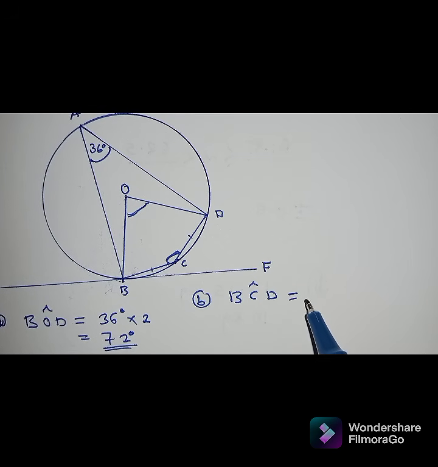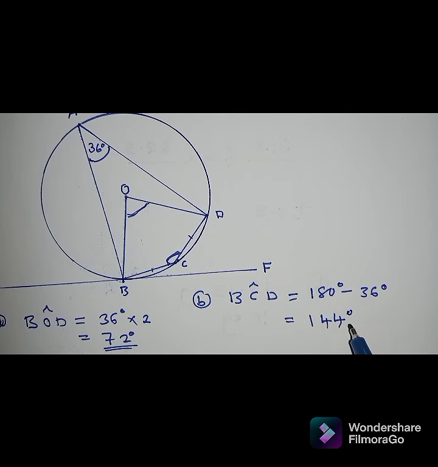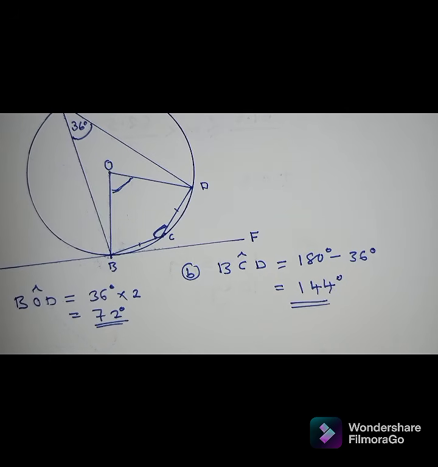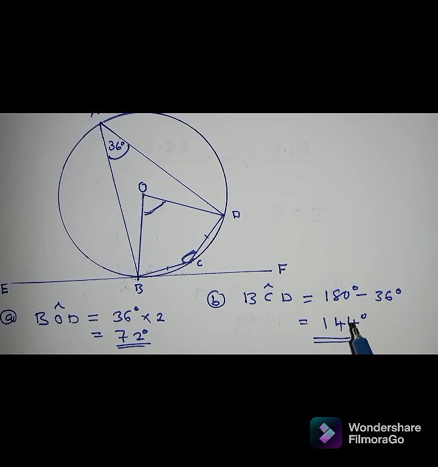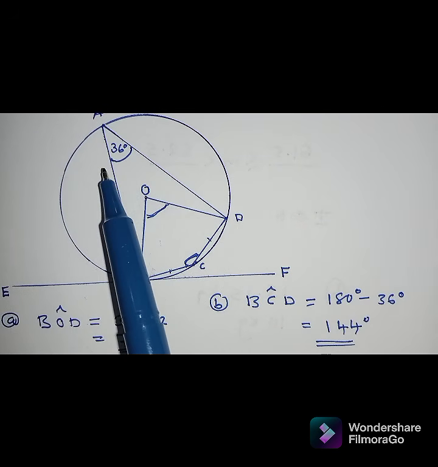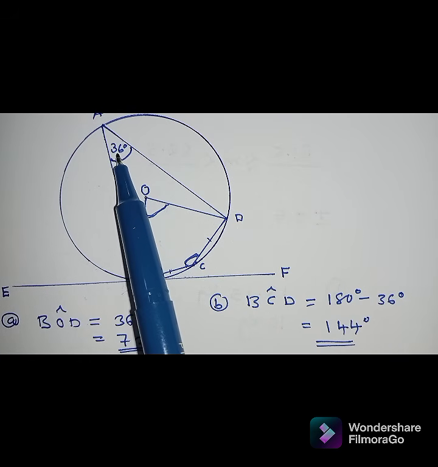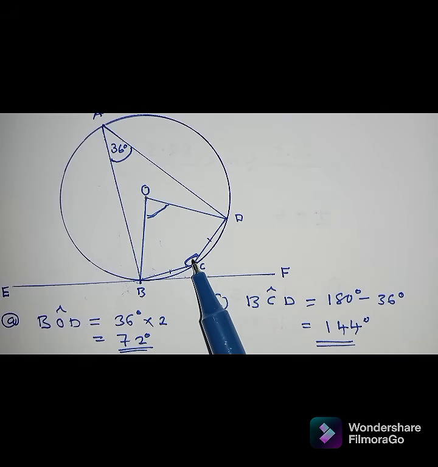We just say 180 degrees minus 36 degrees, which is equal to 144 degrees. Okay, so this is the solution for B. I've used the property which says that opposite angles add up to 180. So this angle is opposite to this angle. So if you want to find this, we say 180 minus 36.